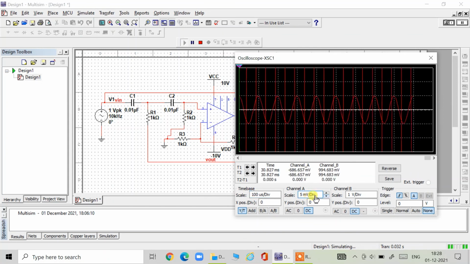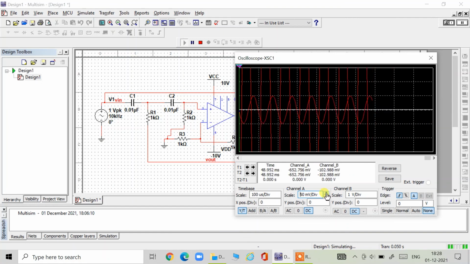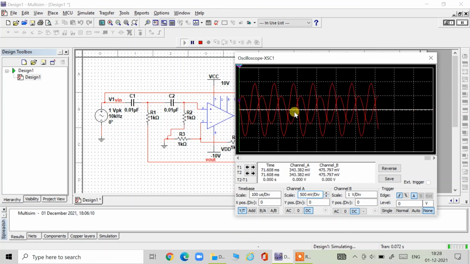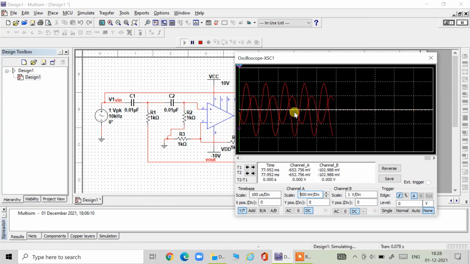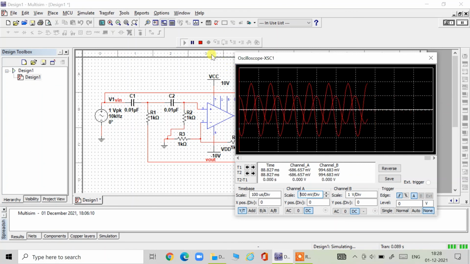Channel A was for the output, so I am increasing it. You can see my output has increased drastically. So this we are verifying on the oscilloscope. That was the AC analysis.